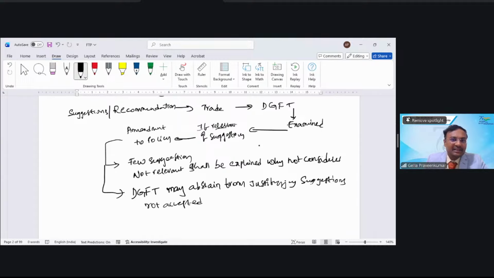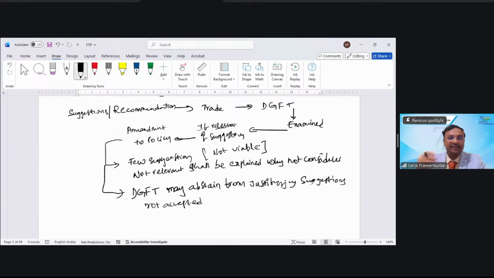And for a few suggestions, if they feel it is not viable, they mention the reasons why they are not viable.